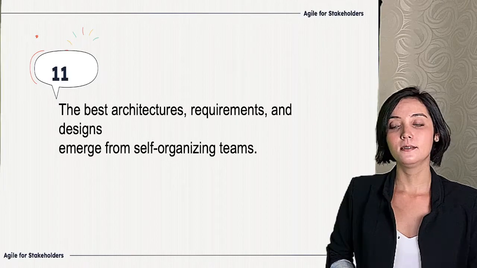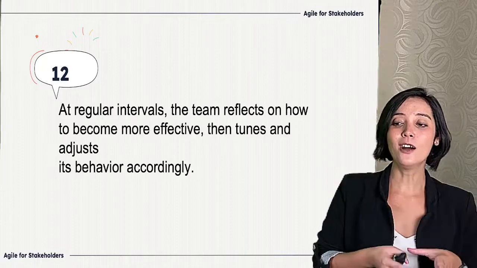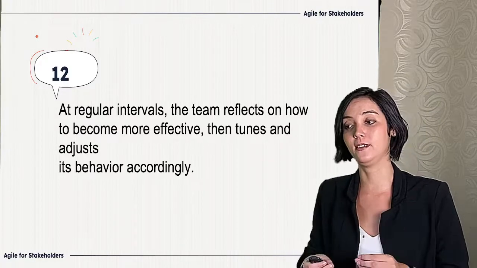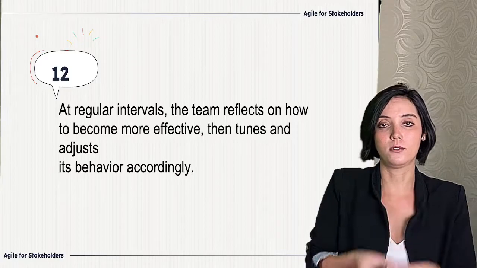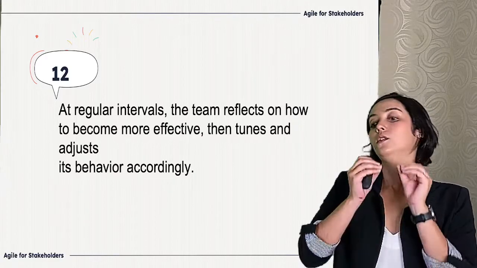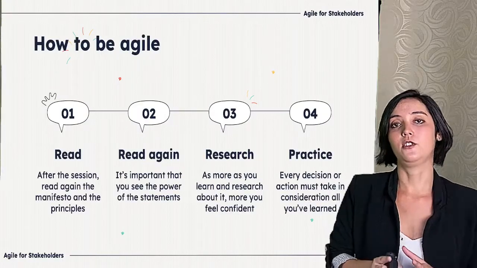The last one, at regular intervals, the team reflects on how to become more effective, then tunes and adjusts its behavior accordingly. Okay? So, this is how to be agile.